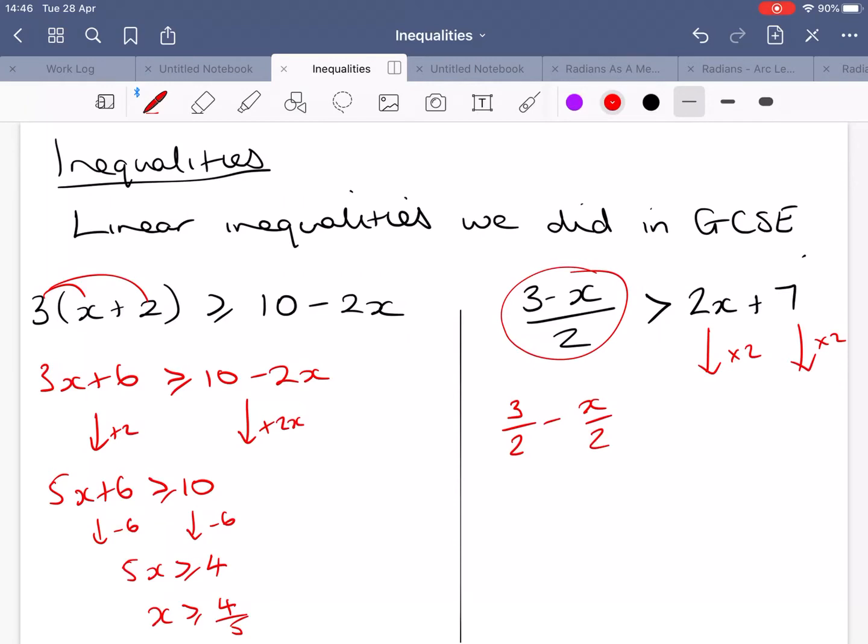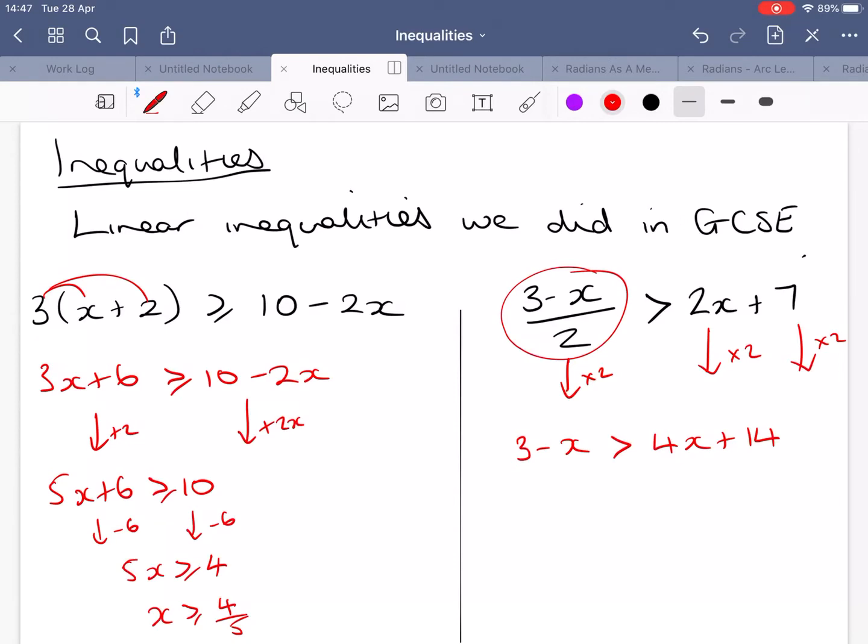So when I do this multiplying by 2, it's going to cancel with that one and cancel with that one. So actually, what you end up with, you're just timesing that by 2. And so you're left with 3 minus x is greater than 4x plus 14. And effectively, you've multiplied every term by 2.